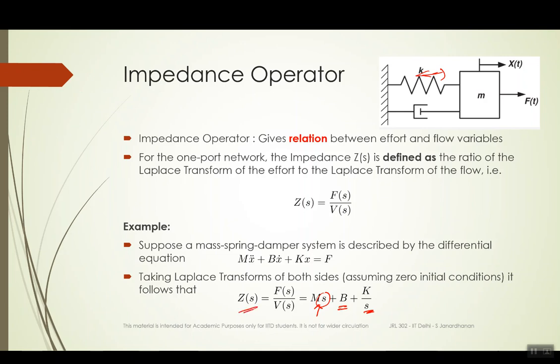So you have the impedance function being the ratio of the effort variable F to the flow variable. That is, Z of S will have this expression in the case of a spring mass damper system.